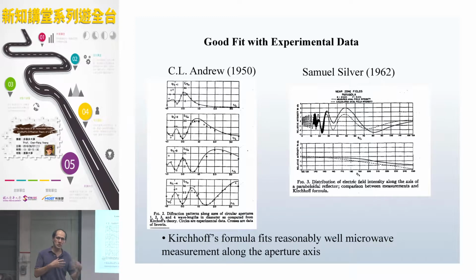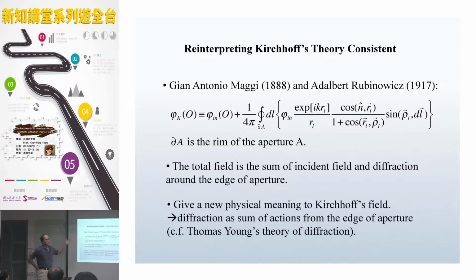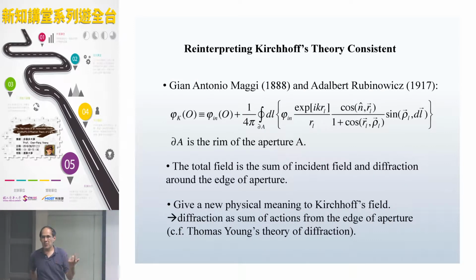And of course, it goes without saying that as early as the early 19th century, Fresnel's data already had a good fit with the Kirchhoff diffraction integral, right? So empirically, it seems that the Kirchhoff diffraction formula went quite well, or quite satisfactory. So empirical adequacy was one important reason, I believe, for the resilience of Kirchhoff's theory.